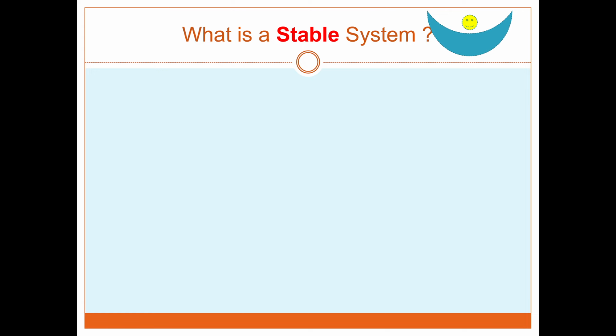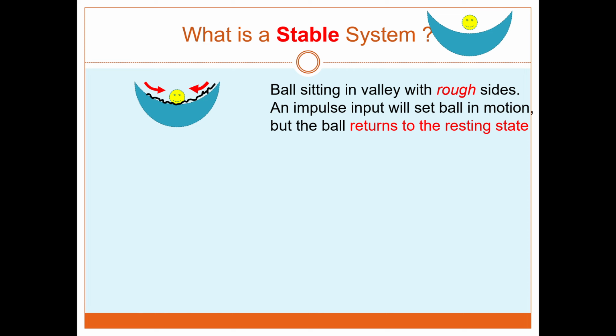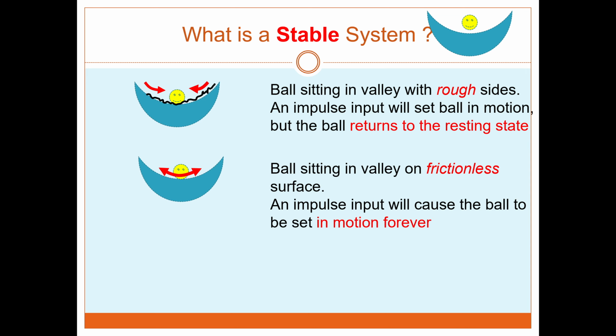Alright, so in order to define a system, usually we want a stable and causal system. A ball sitting in a valley with rough sides, meaning there is resistance there: an impulse input will set the ball in motion, but the ball returns to its resting state. That means it's a stable system.